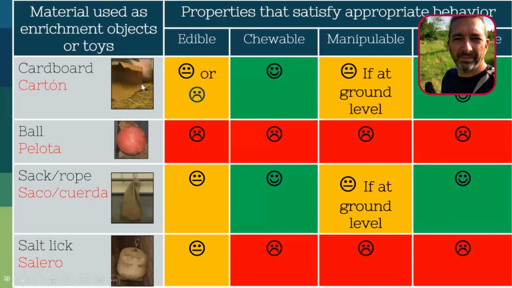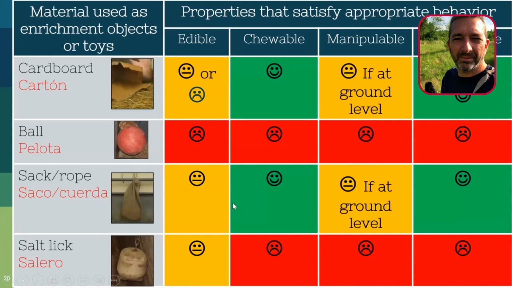Cardboard can be good, as long as you've got to be careful of the type of cardboard that you're using so that it's not, I think, recycled and doesn't have issues with toxicity. Certainly it's chewable, destructible. One of the most favorite ones, the ball, really does nothing.